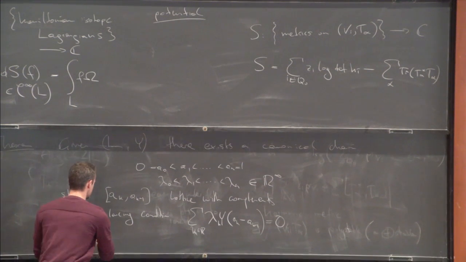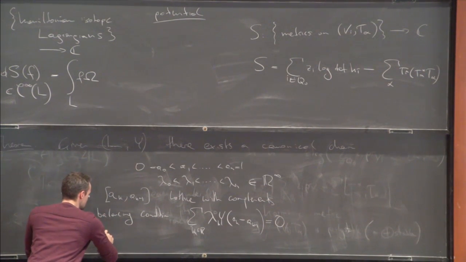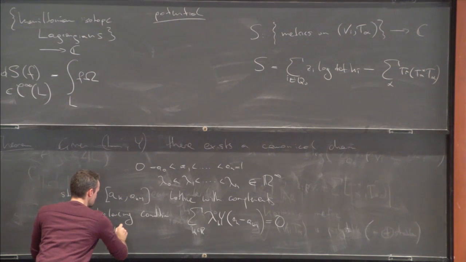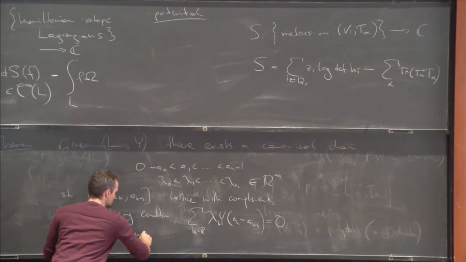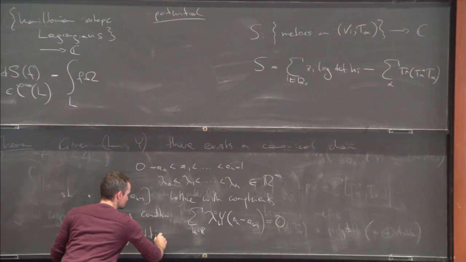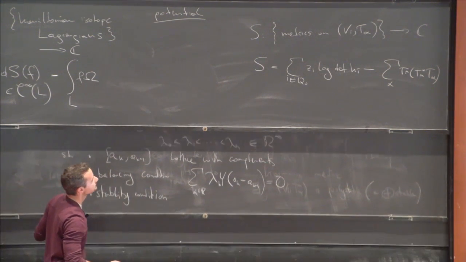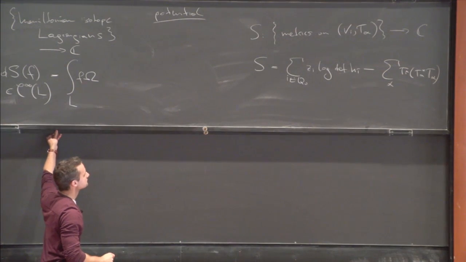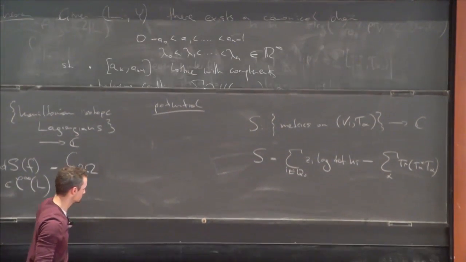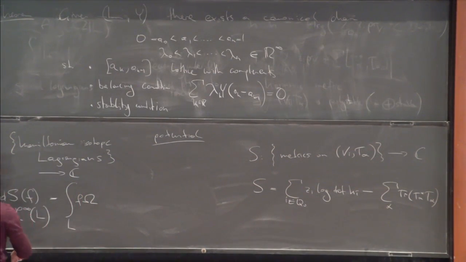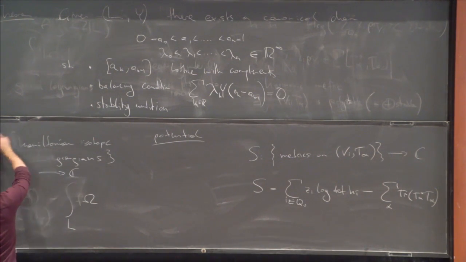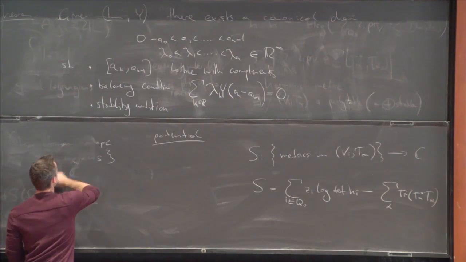And then there's a stability condition on this chain. I don't want to say exactly what that is; you can ask me after the talk if you're really interested in general lattices.